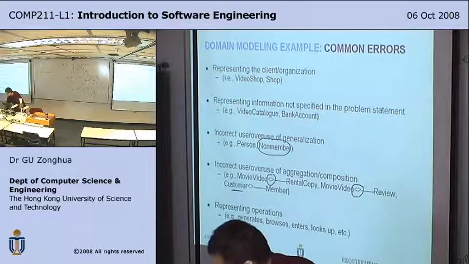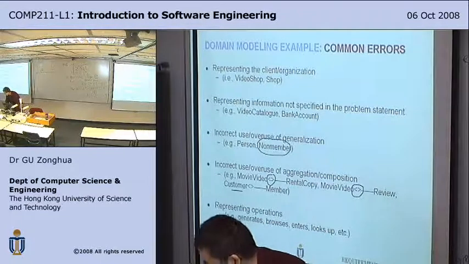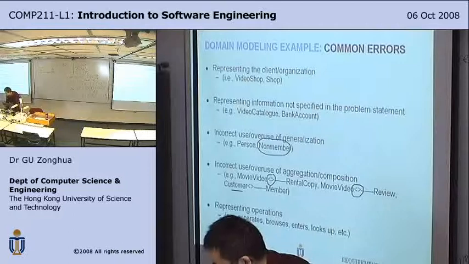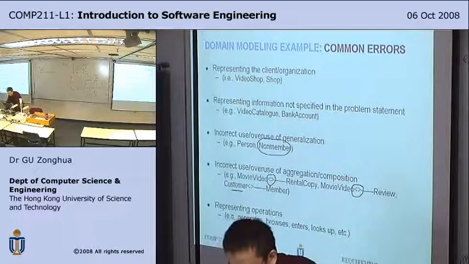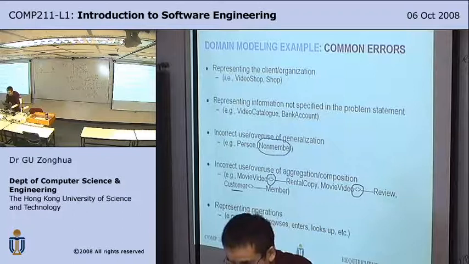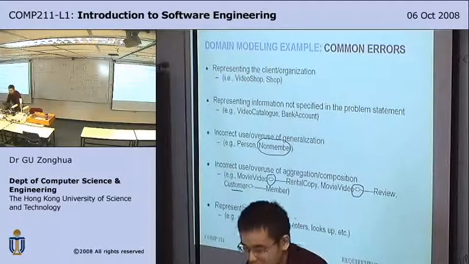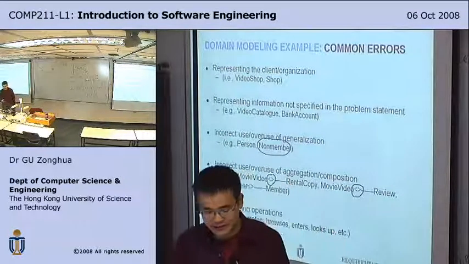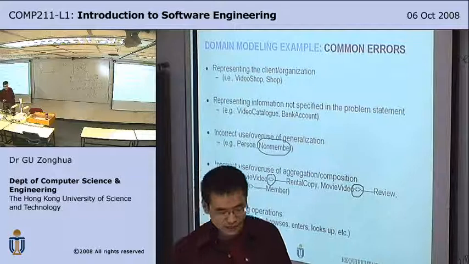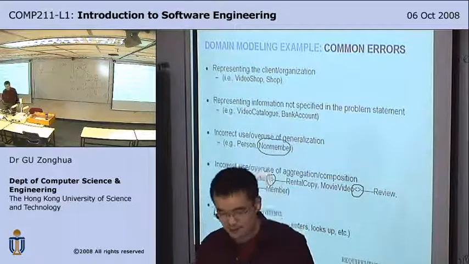So the customer rents a video copy, rental copy, that is part of the domain model because you need to save this association between a customer and the rental copy into the database.